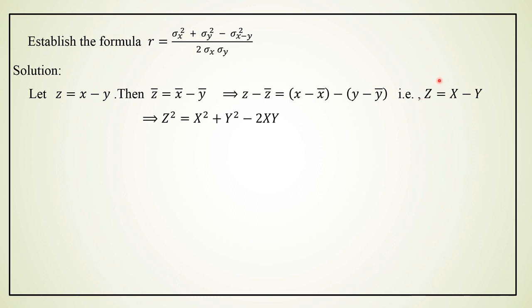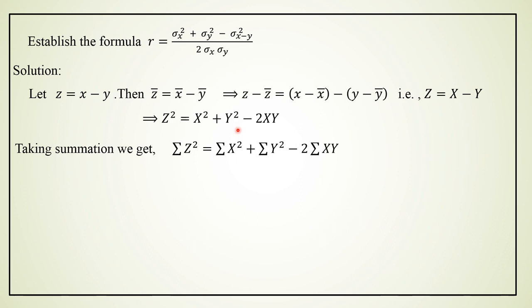Then the square of z is equal to x minus y whole square, and we know that x minus y whole square is x square plus y square minus 2xy. Just take the summation of this equation, so that it reduces to the form summation of z square is equal to summation of x square plus summation of y square minus 2 into summation of x into y.